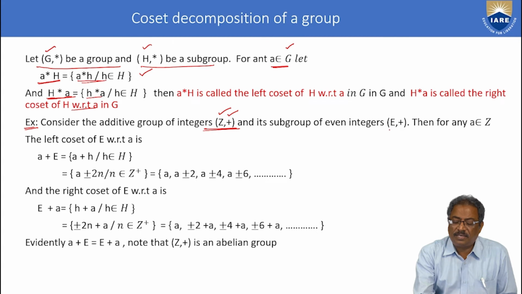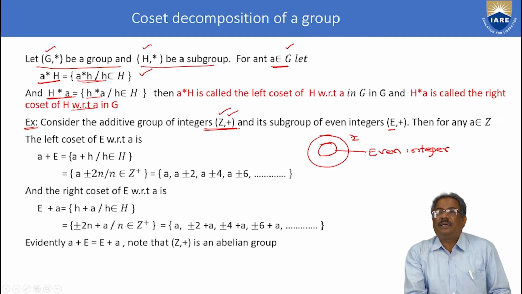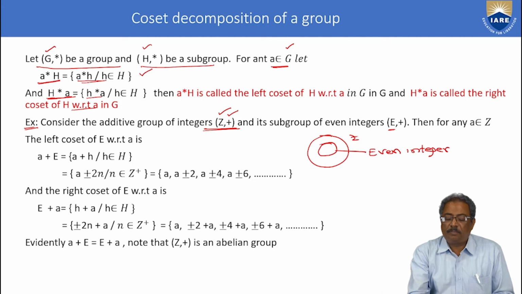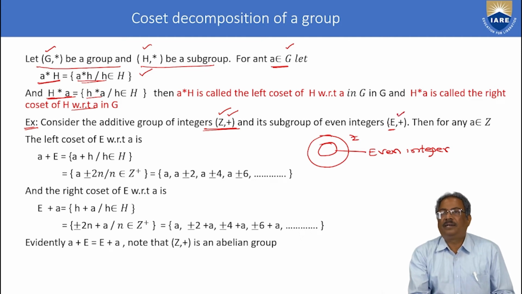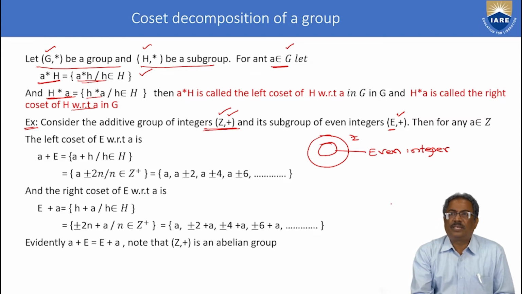Now we have to consider a subset of this, which is the even integers. In the last classes we know that if E is a subset of Z and it is a group under the same binary operation plus, then the conditions are satisfied, so it is a subgroup.